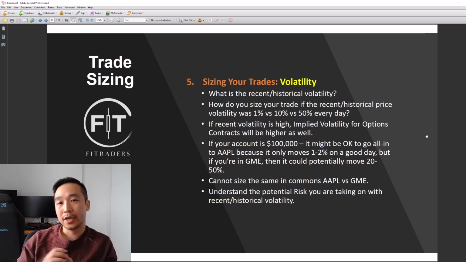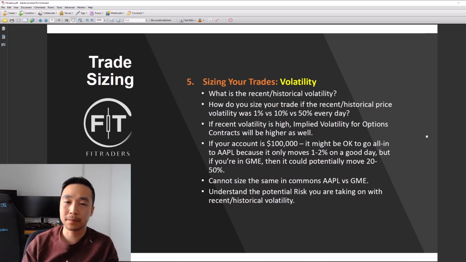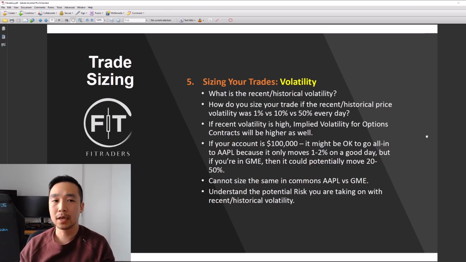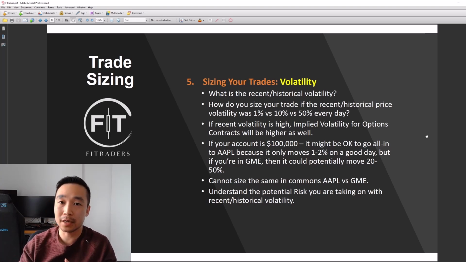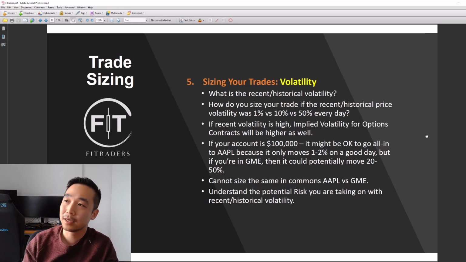With sizing your trades, you also have to look at the volatility of the underlying stock. I talked about this earlier, and you want to look at the recent historical volatility. What is that stock moving, how many percentage points? The more percentage points the underlying stock is moving, the less appealing it becomes to play options, because if the stock's behaving like an option itself, moving 20, 30, 50% a day, why do you need to take an options trade?